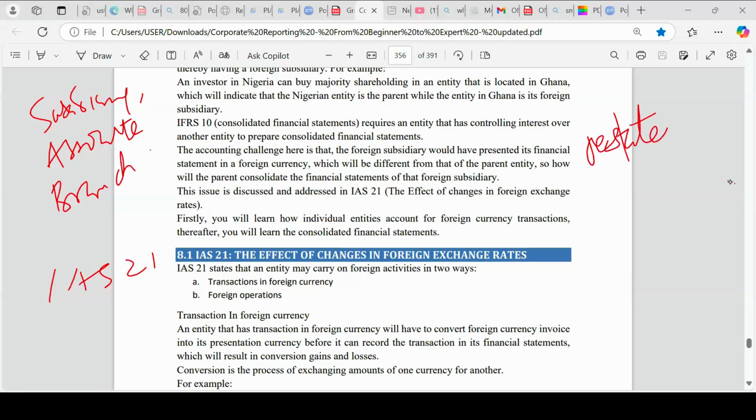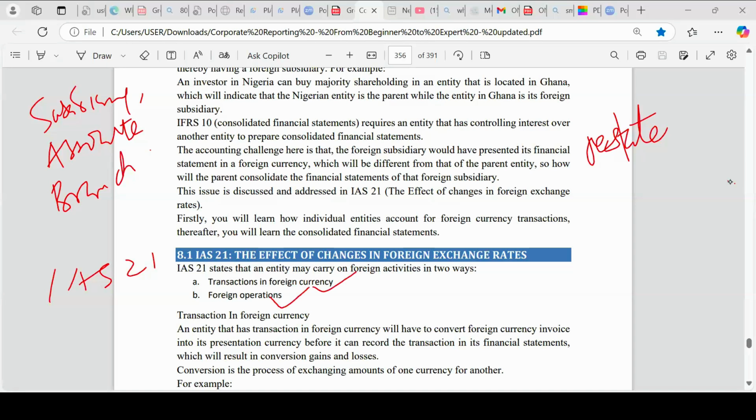All right. First of all, let's look at the scope of IAS 21 with regards to this. IAS 21 applies to foreign activities in two instances. Number one is the instance of transactions that take place in foreign currency. Number two is foreign operations.